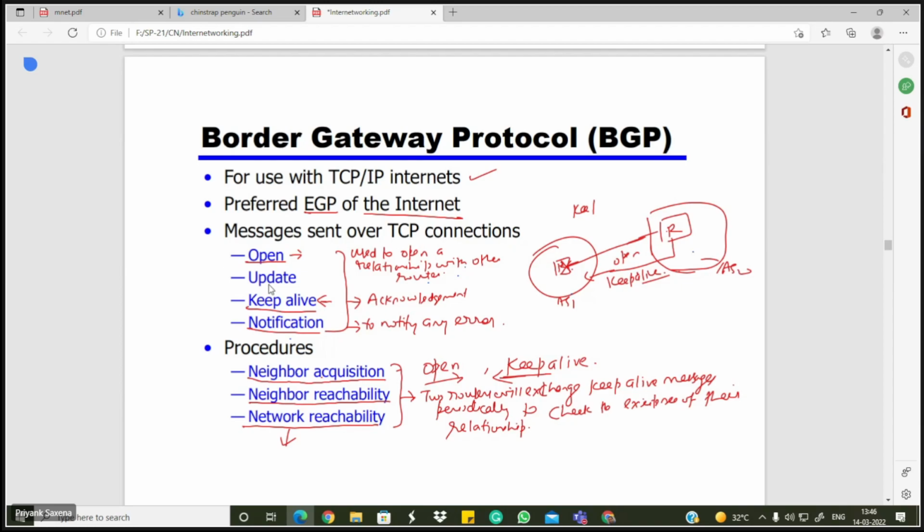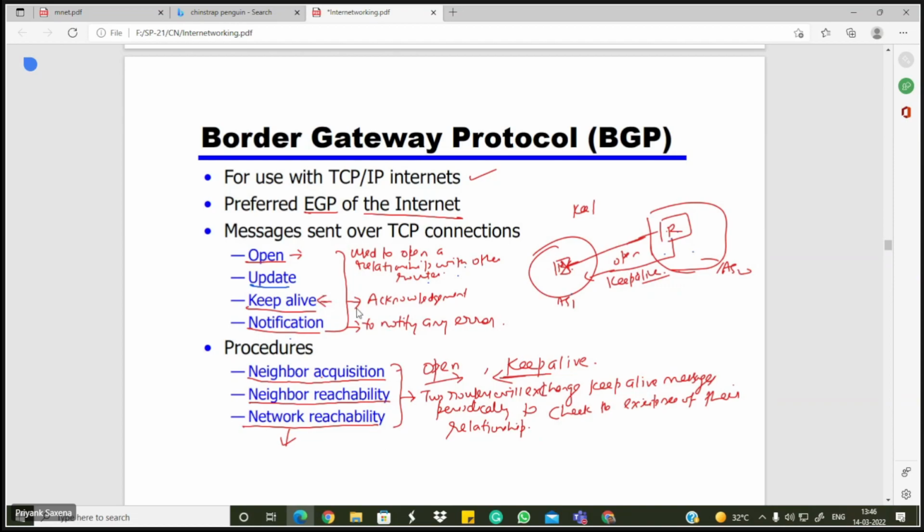And once the connection is formed, the routers keep checking the status of their connectivity by sending this update message. Okay, so suppose this router sends an open message to this router, if this router agrees on opening a connection, it replies back with a keep alive message.